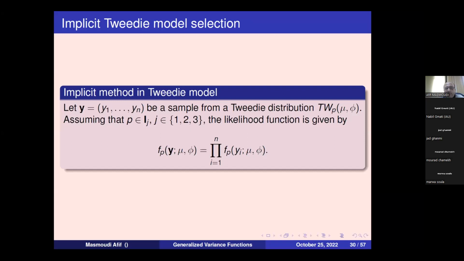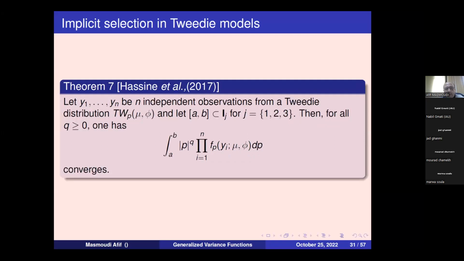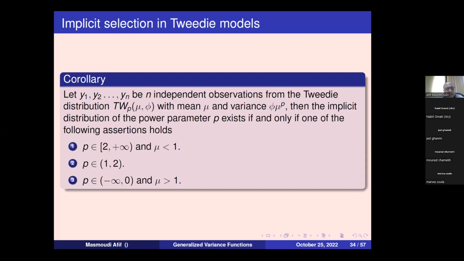So here we let y1, y2, ..., yn be n independent observations from the Tweedie distribution with mean mu and variance. Then the implicit distribution of the power parameter p exists if and only if one of the following assertions holds, because there are three cases.